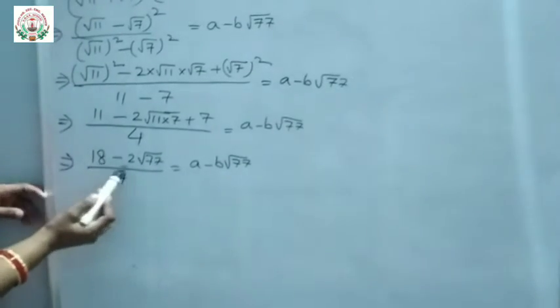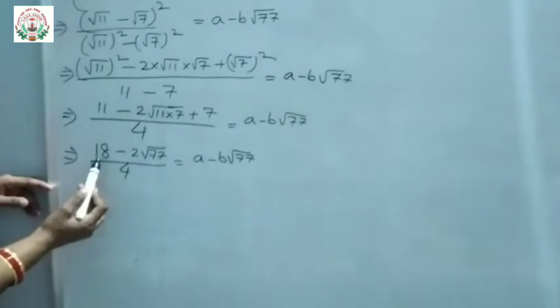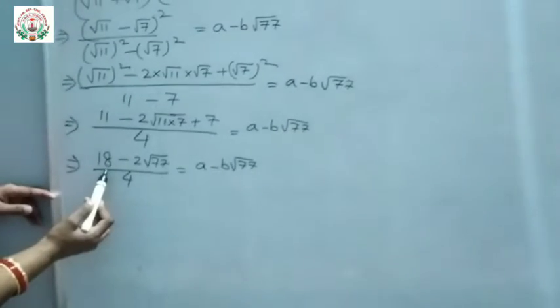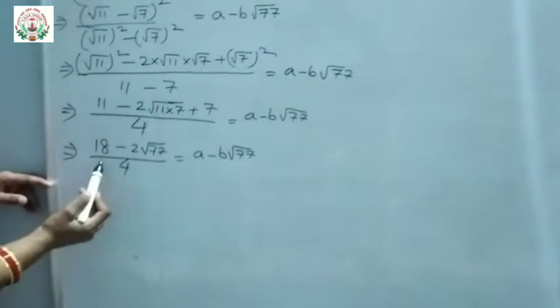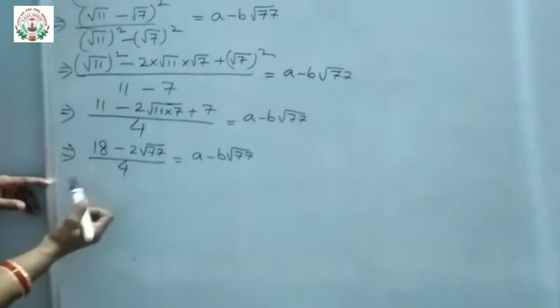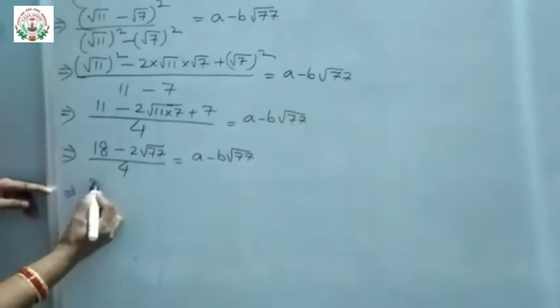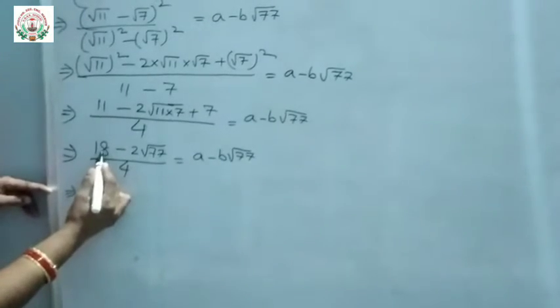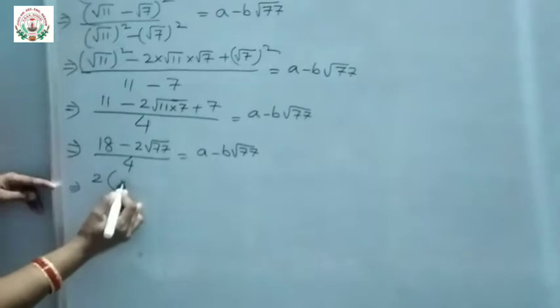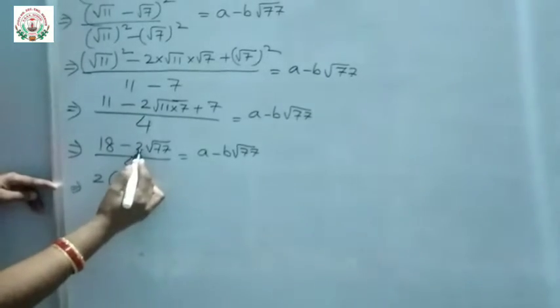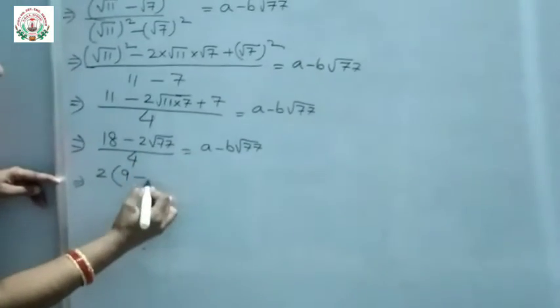Now you can see here 2 is there. Here also in the 18 table, 2 table 18 is there. That means we can take 2 as common in the numerator. So 2 take common. So from here if 2 goes, what is left out? 9 minus, from here 2 went out. What is left out?